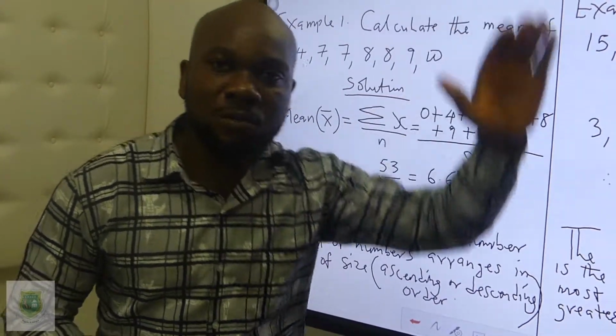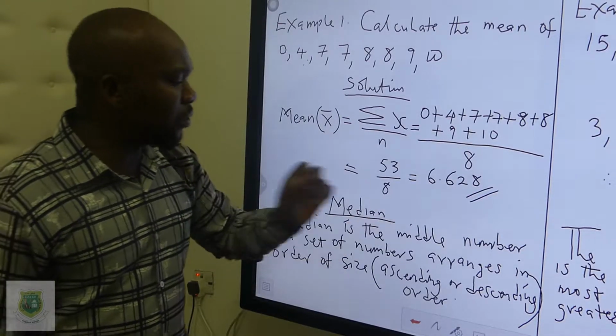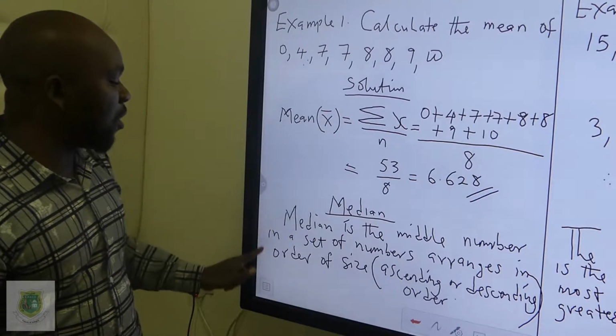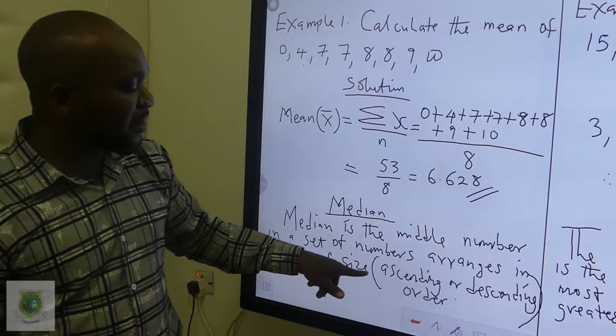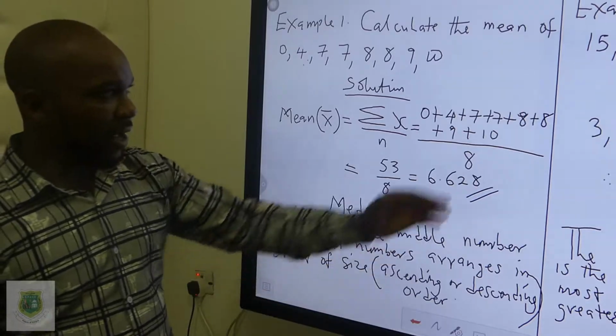Descending means from the highest to the smallest. Median is the middle number in a set of numbers arranged in order of size, meaning either in ascending or descending order.